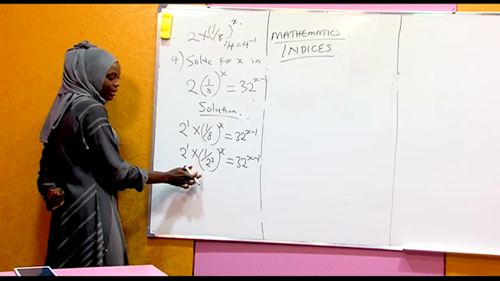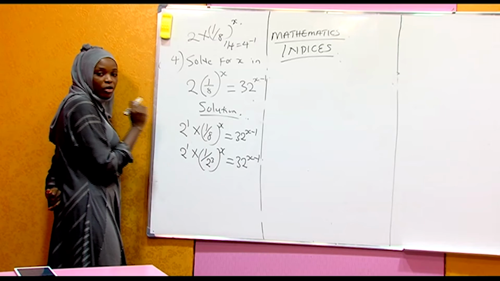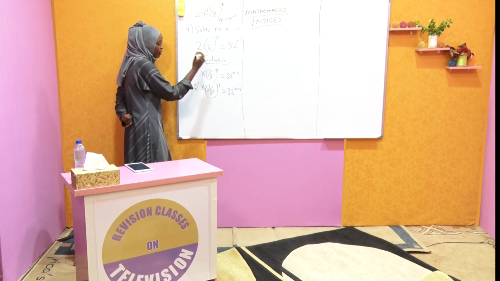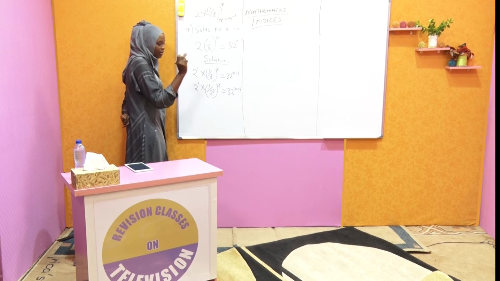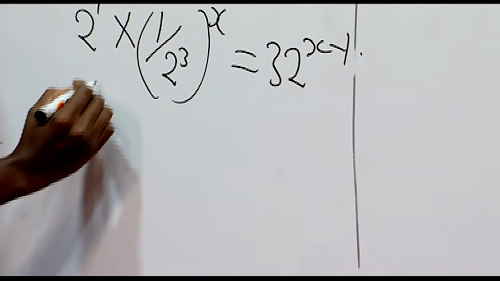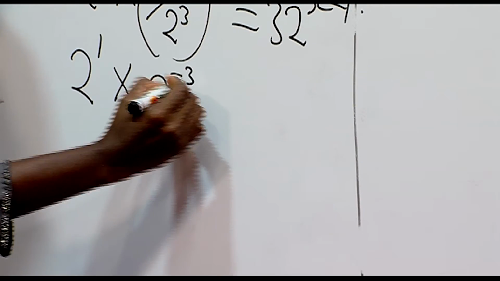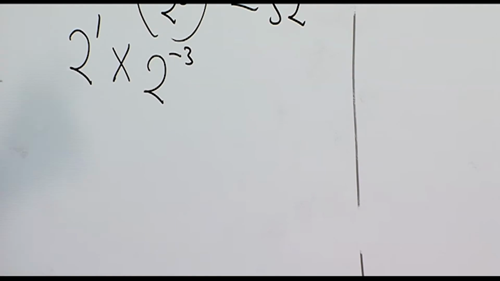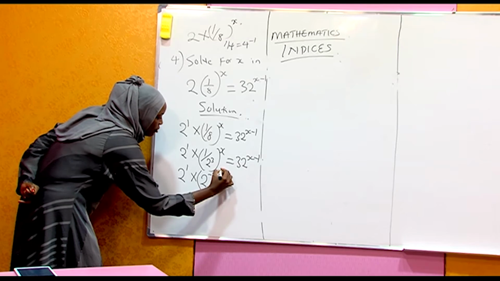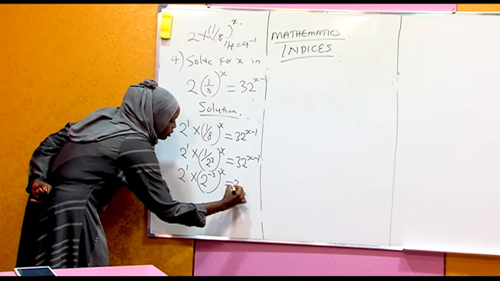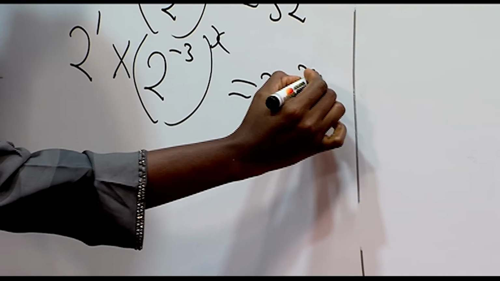Applying this in this case, 1 over 2 raised to the power 3 gives 2 raised to the power of minus 3. So here now we have 2 raised to the power of 1 times 2 raised to the power of minus 3, which is the same thing as this. Not forgetting we have an index x, which equals 32 raised to the power of x minus 1.